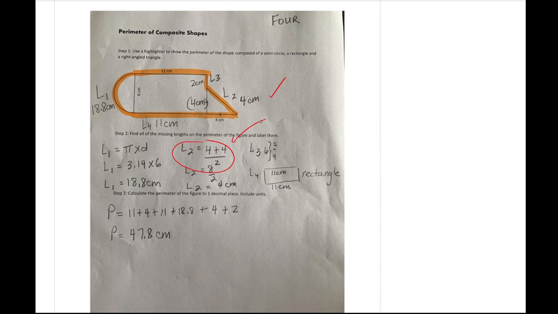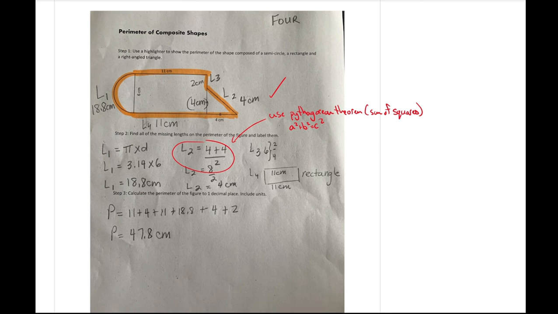Here they would need to use Pythagorean theorem, or sum of squares, which is a squared plus b squared equals c squared, to figure out that missing length. The other slight mistake is that they have the right formula for the circumference of our semicircle.